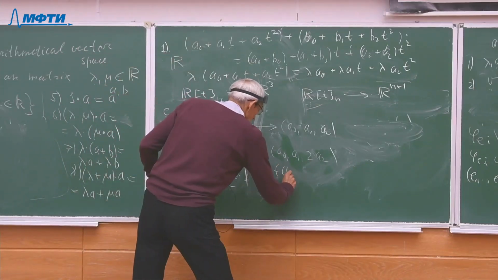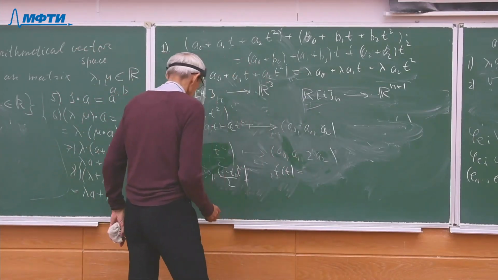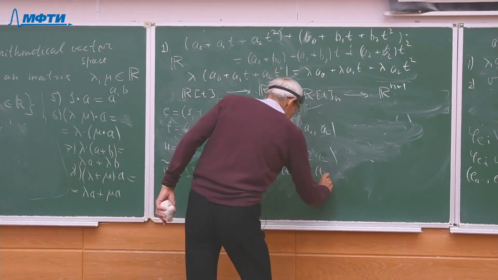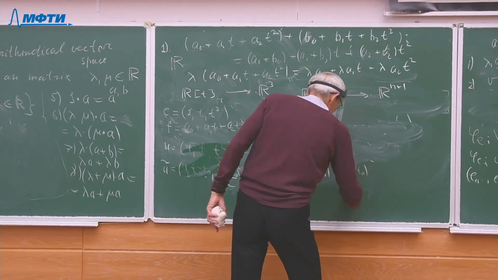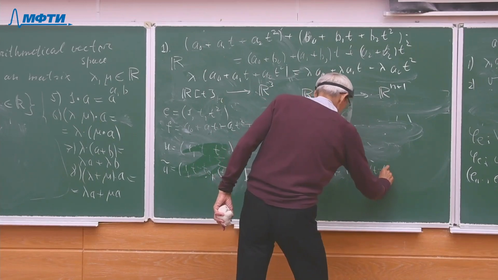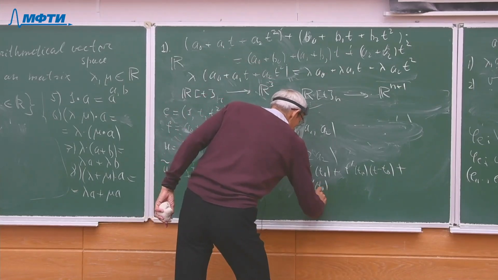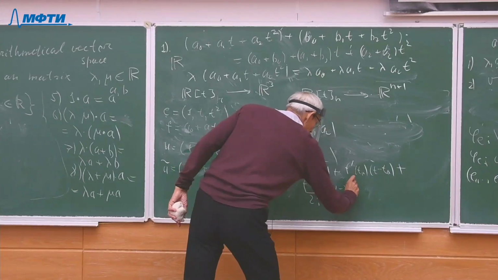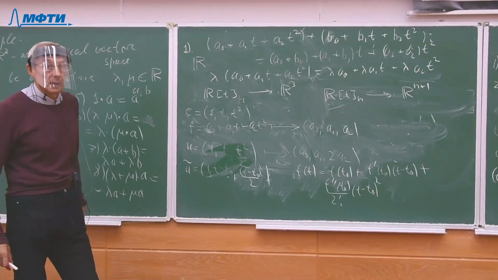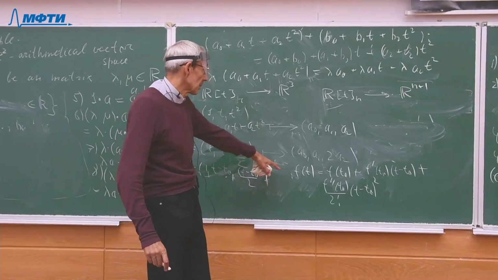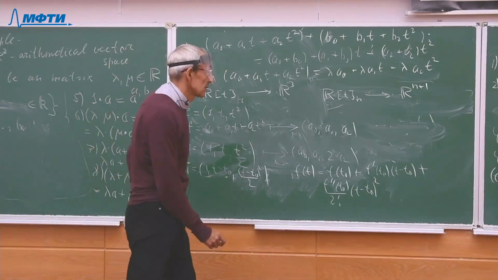If I have a polynomial f(t), I obtain the following decomposition: f(t0) plus the derivative f prime at t0 times (t minus t0), plus the second derivative term, and using the so-called Taylor expansion, I obtain that in the third example the coefficients are the following.